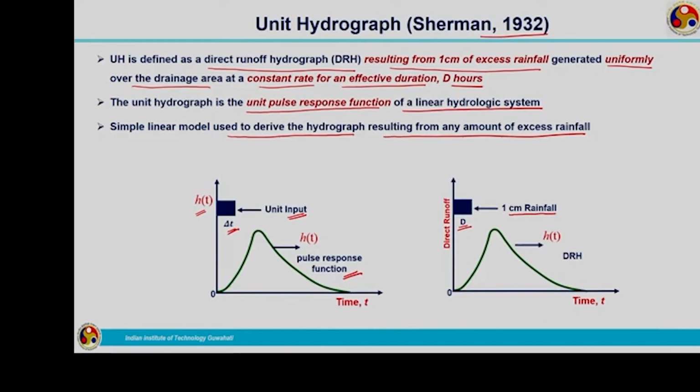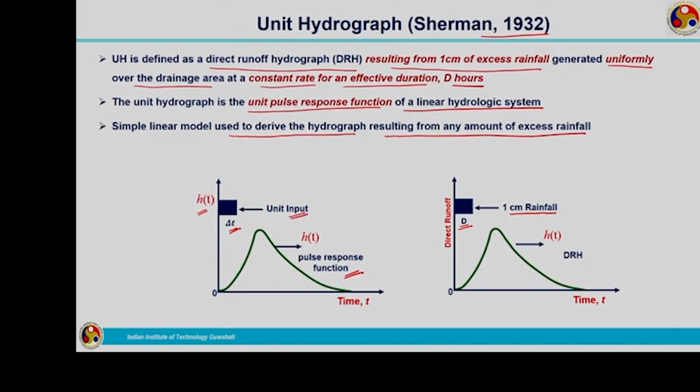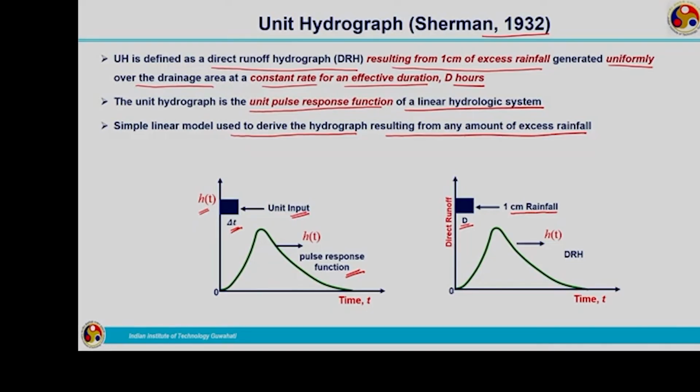Going back to the definition, it is uniformly applied over the drainage area for a duration of d hours: 1 centimeter rainfall for a duration of d hours, uniformly applied over the catchment or the drainage area. In the same way, for d duration, 1 centimeter of rainfall can be considered a pulse input, and that will produce an output. In this case it is the direct runoff, because we are considering the effective rainfall of 1 centimeter for a duration of d hours.